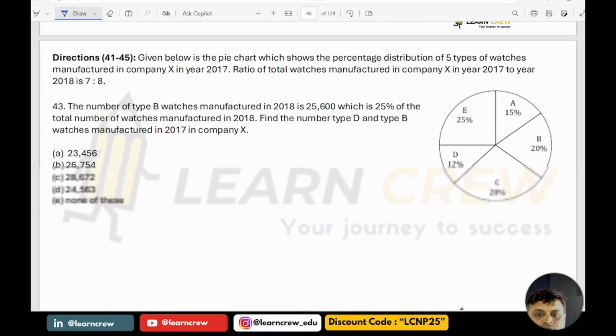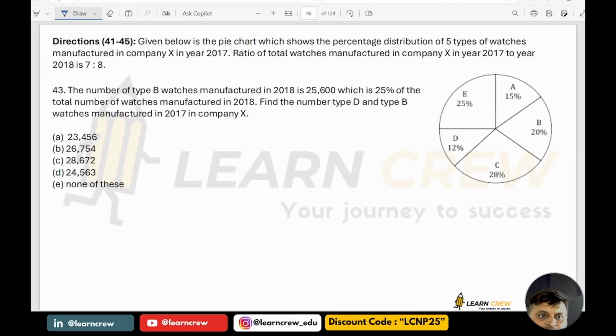Next, question number 43. Number of type B watches manufactured in 2008 is 25,600, which was 25% of the total number manufactured in the year 2018. So in 2018, total watches would be how much?